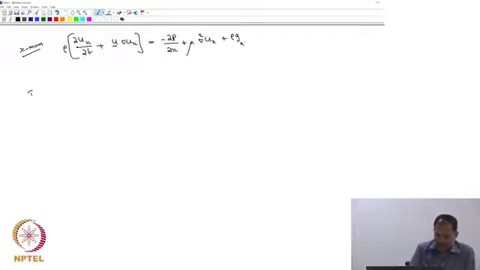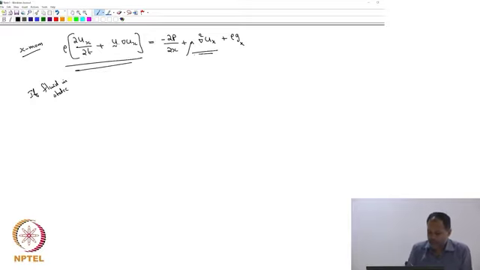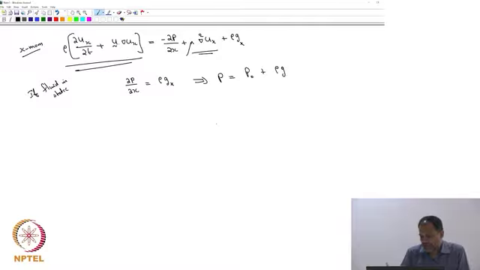If the fluid is static, then what happens? All these terms will go away, though this Laplacian will not remain, and you get ∂p/∂x is equal to rho g_x, or if you integrate, that will give you p equal to some integration constant plus rho g_x times x, right, the equation that you are very familiar with.